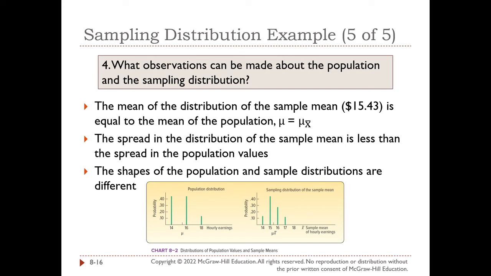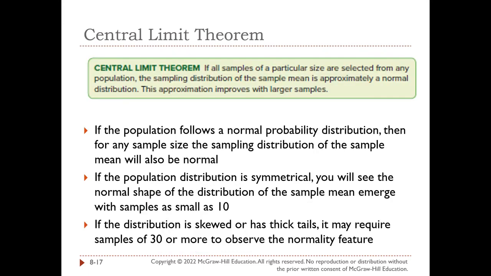Okay, so that's one way to look at it. It's one way to do it in a small instance. Again, with a larger population, it gets a little bit tougher.